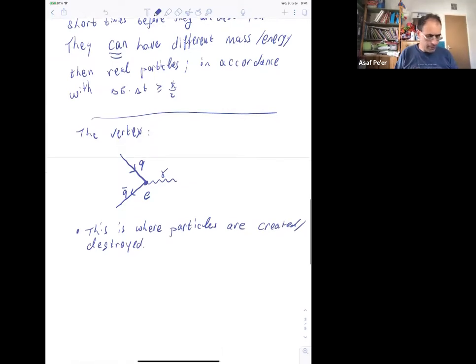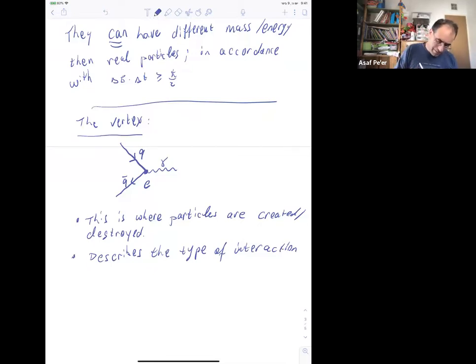That also describes the type of the interaction we have, whether it's electromagnetic, weak, or strong. It describes the type of interactions.